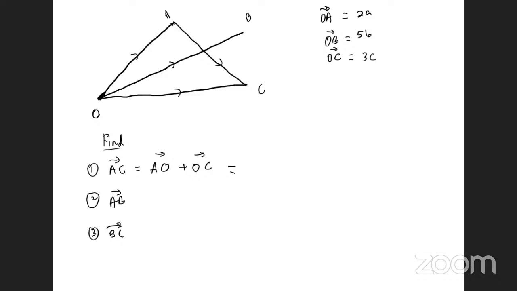You're going on the opposite side of the arrow. So A to O, and then O to C.